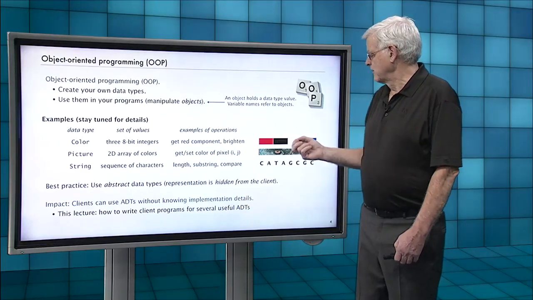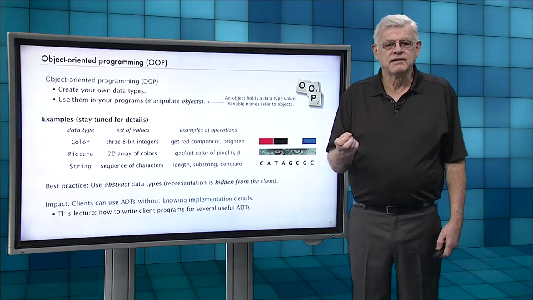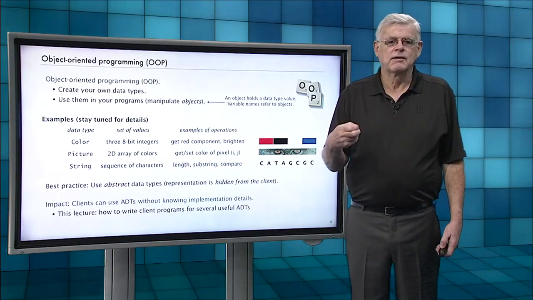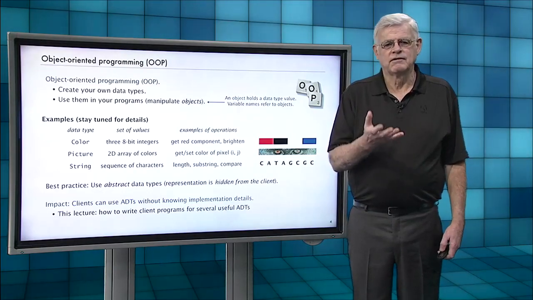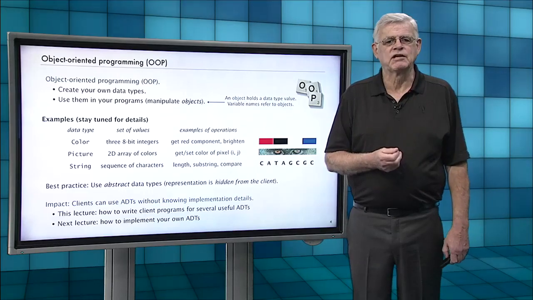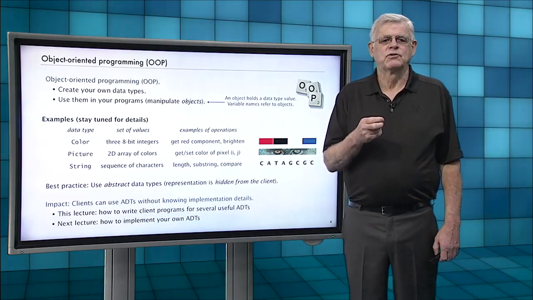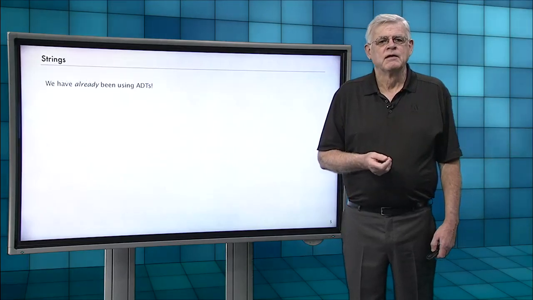In this lecture, we're going to talk about how to write client programs for several useful ADTs, and in particular, we won't talk about the implementation. So we'll write programs that make use of these useful ADTs without knowing the details of the representation. And in the next lecture, we'll talk about how to implement your own abstract data types.